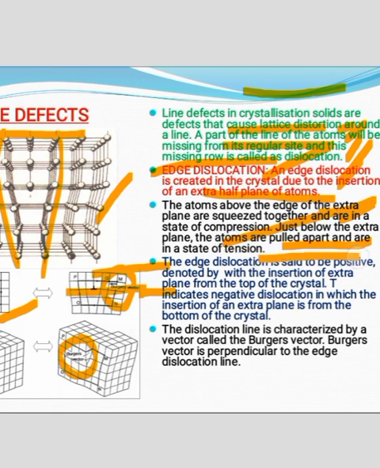The edge dislocation is said to be positive, denoted with the insertion of the extra plane from the top of the crystal. This indicates the negative dislocation, in which the extra plane is formed from the bottom of the crystal. The dislocation line is characterized by a vector called the Burgers vector. The Burgers vector is perpendicular to the edge dislocation line.